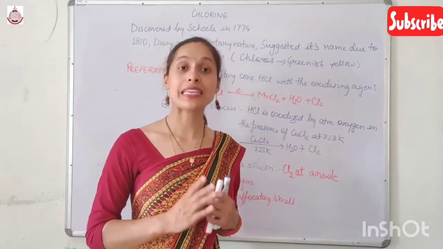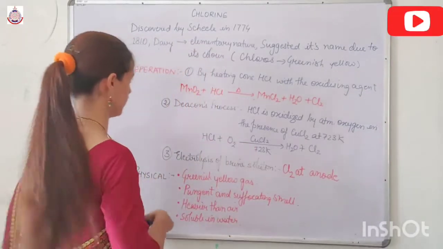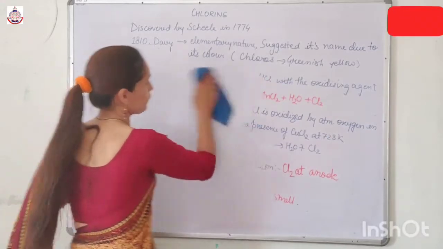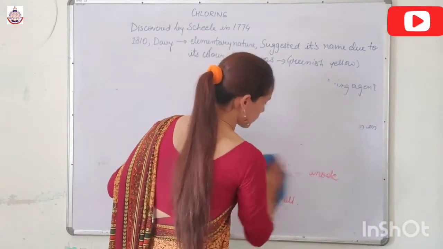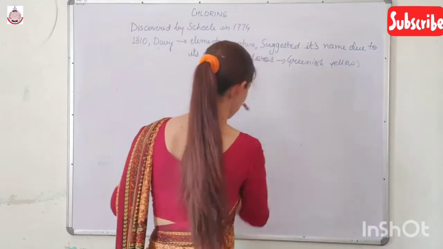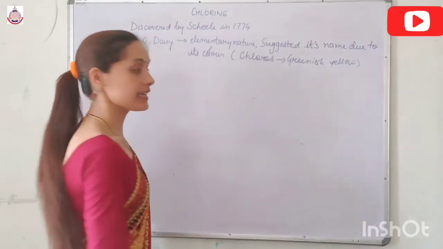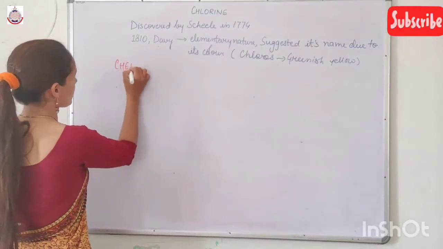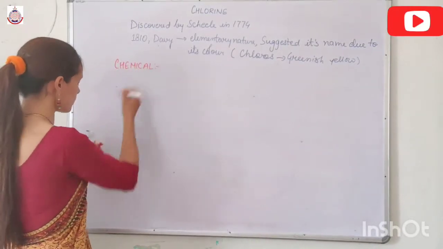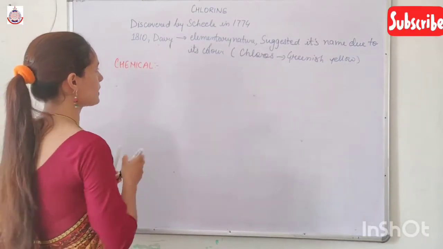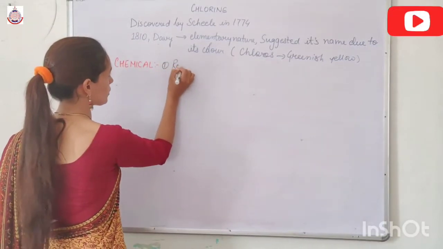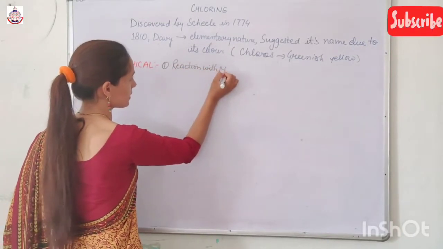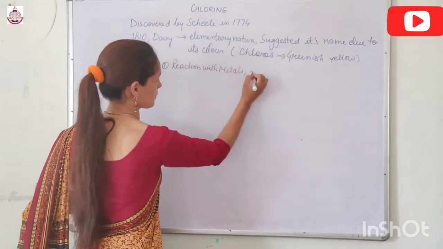Now we'll move to the chemical properties of chlorine. The very first chemical property of chlorine is its reaction with metals, non-metals and metalloids.